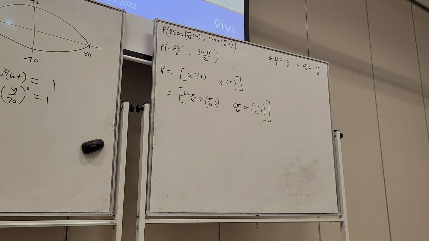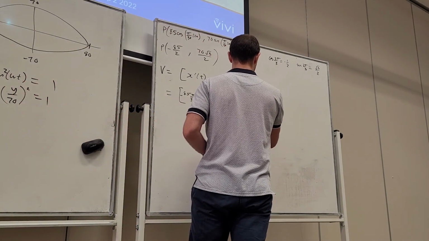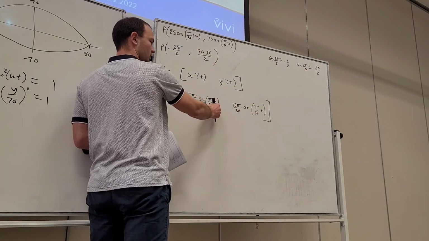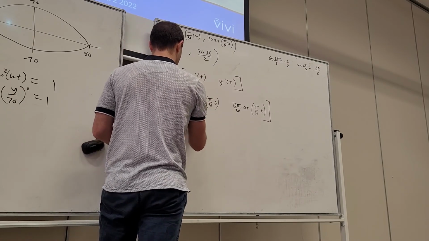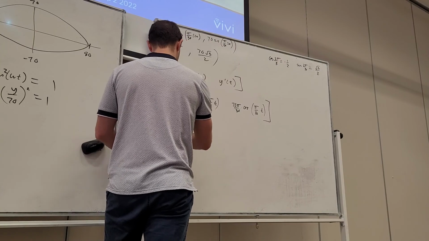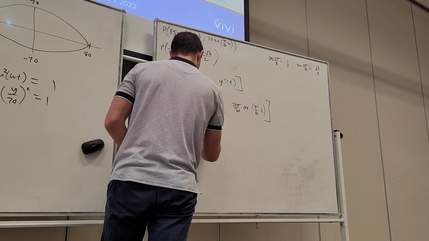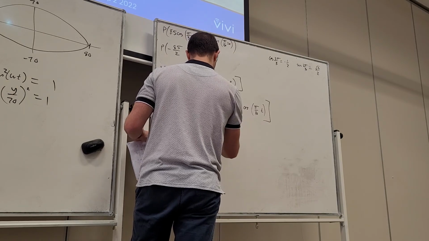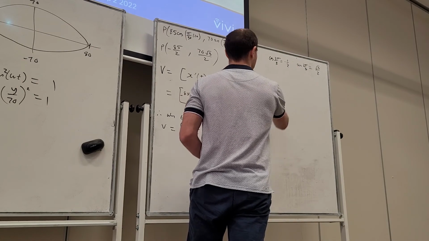And we're interested when time is 20. So we're going to perform the same substitution again. We have 2 pi on 3 there. So therefore, when time is 20, the velocity is minus 85 pi on 30 times root 3 on 2, and 70 pi on 30 times minus half.